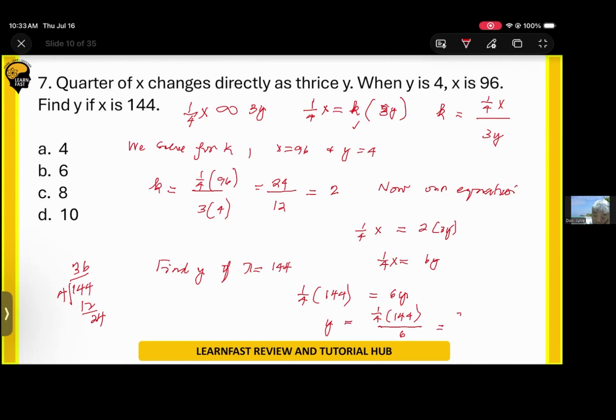So you have now 36 divided by 6, which is equal to 6. And that is option B, right? So, it's hard to solve. But if you try your best to understand the principle of how to observe patterns in the options and in the given, you will never go wrong in pulling out your answer without solving.